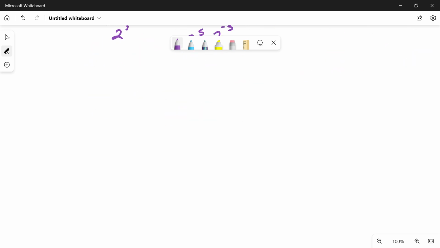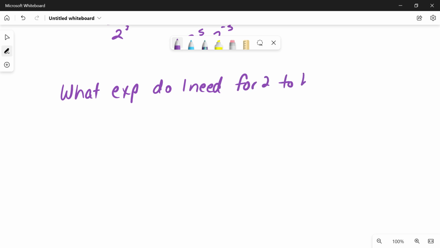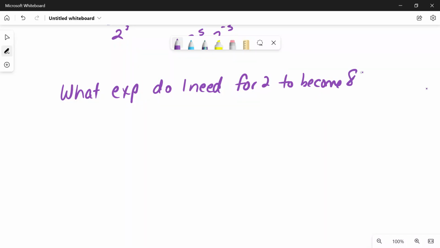Let's think about this question. What exponent do I need for 2 to become 8? My exponent is 3. 2 to the 3rd power is 8.